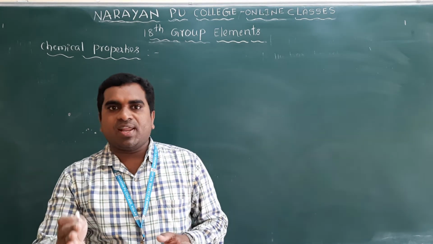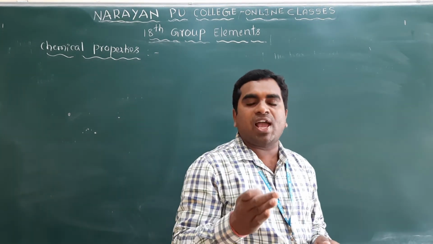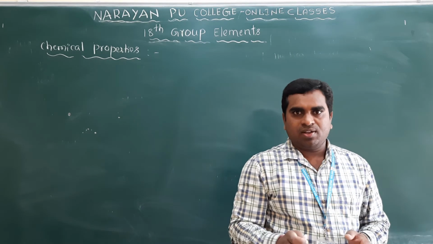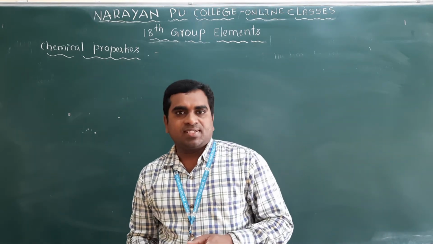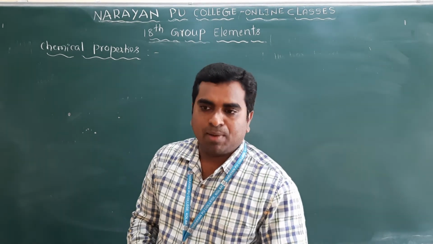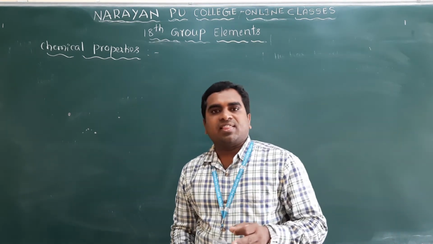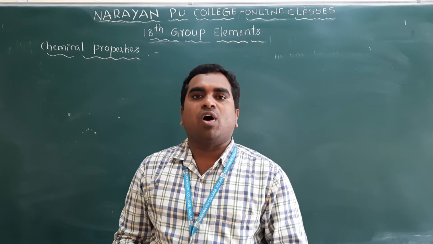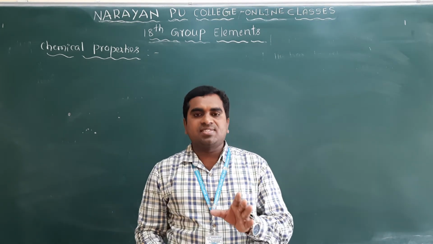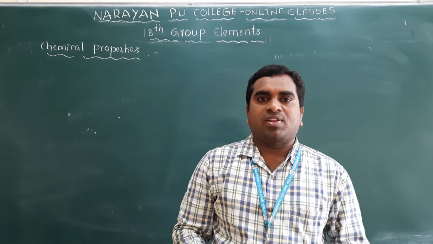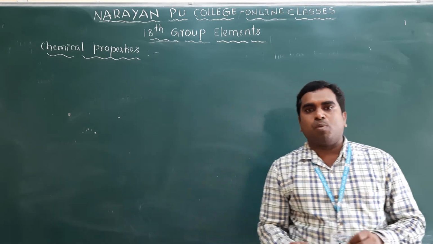The first one is their stable electronic configuration. The second one is high ionization enthalpy values. And the third one is that the electron gain enthalpy values are positive for noble gases. These three are the main reasons for the chemical inertness of noble gases.